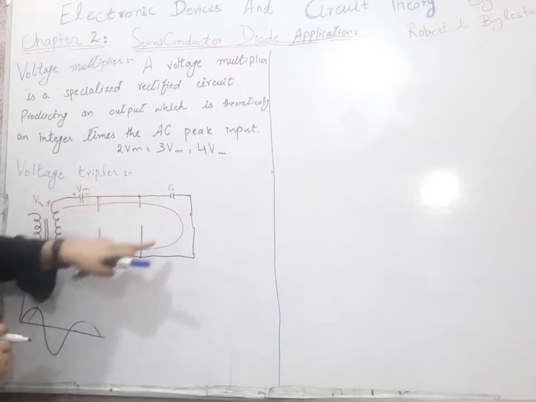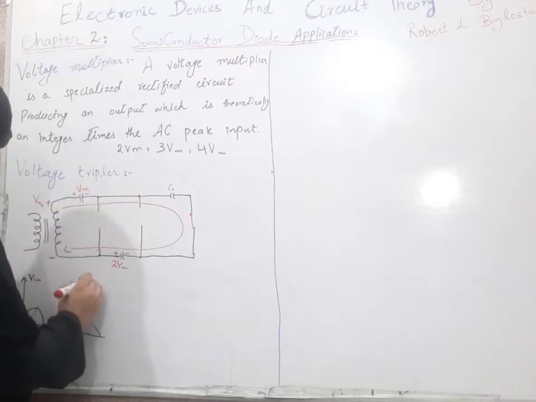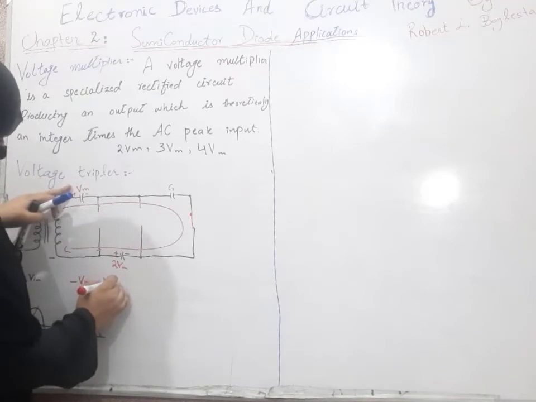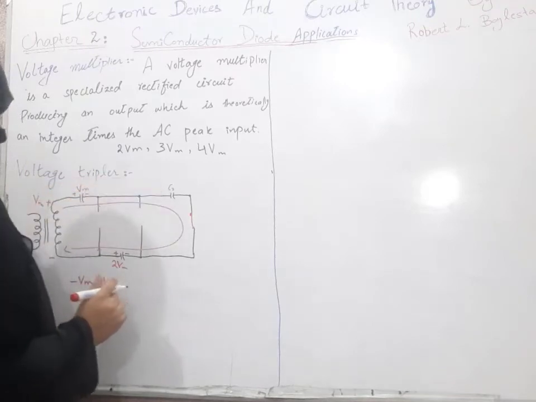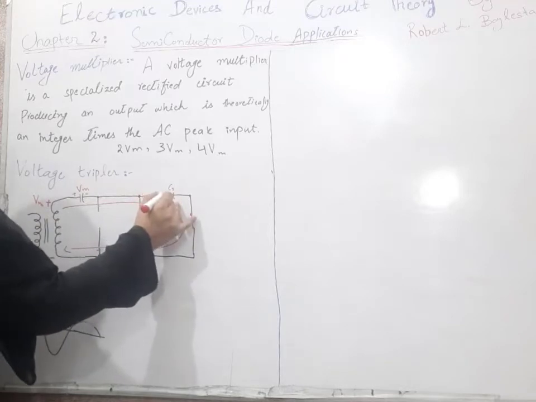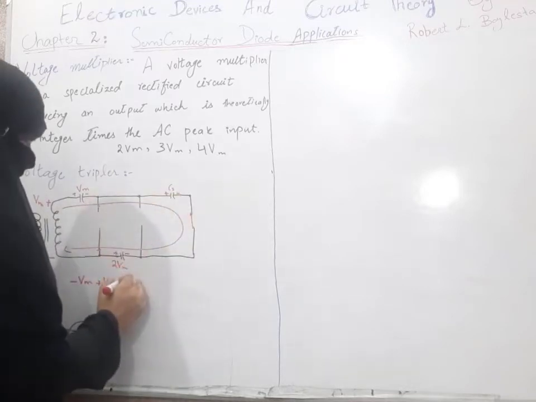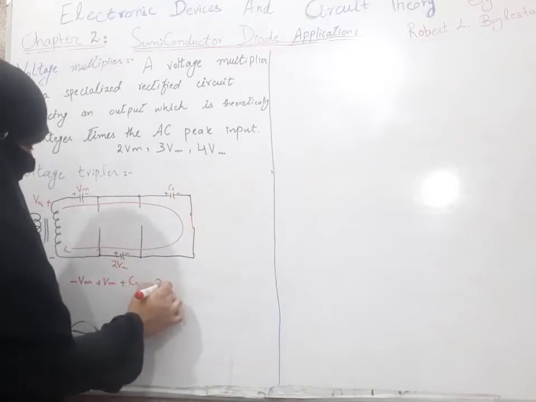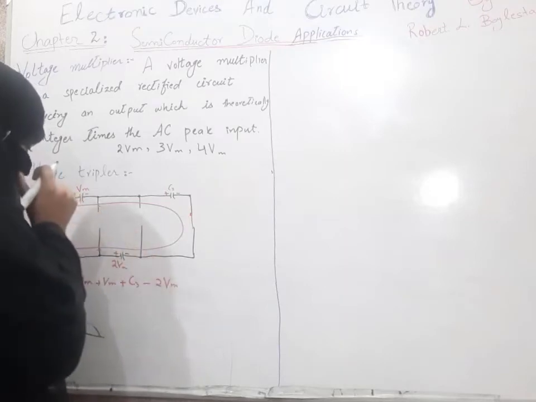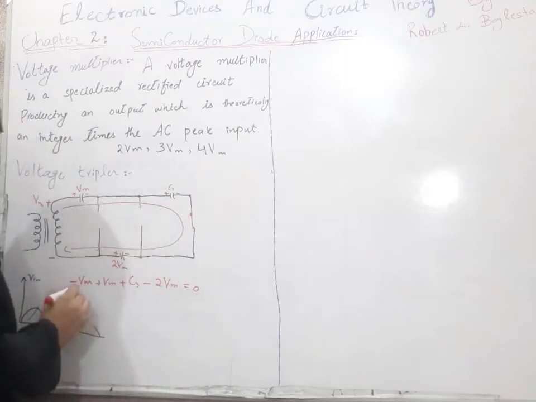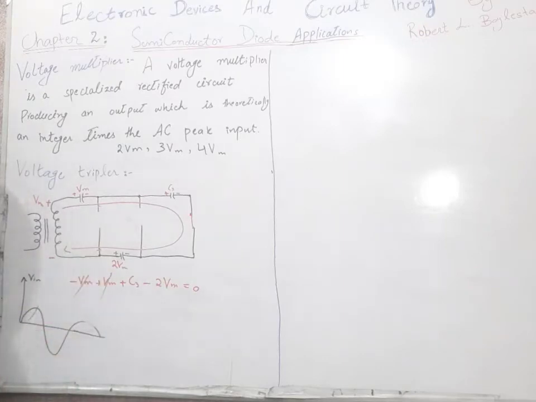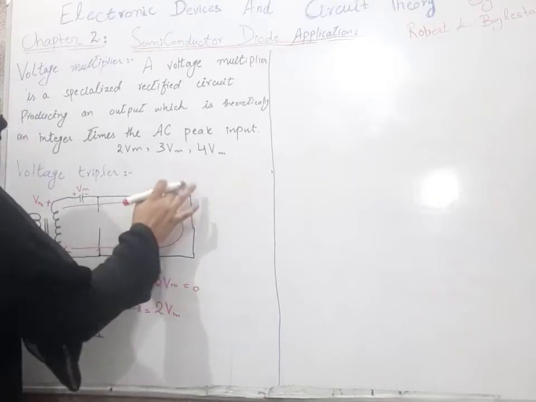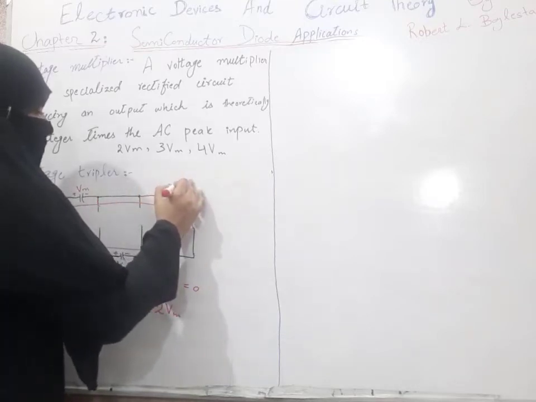Starting from here: minus Vm, which is the input maximum voltage, plus Vm, now the capacitors will be positive and negative, plus C3, and now minus 2 Vm is equal to 0. This plus Vm will cancel out this minus Vm, and so C3 will be charged to the 2 Vm level.